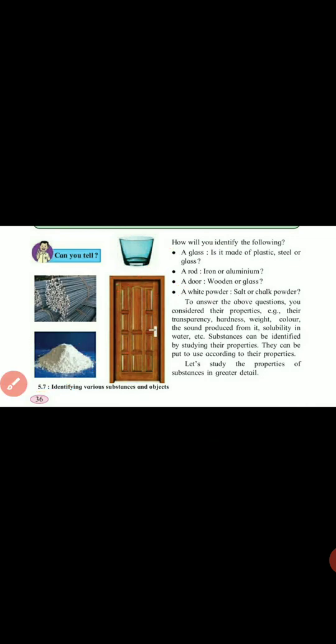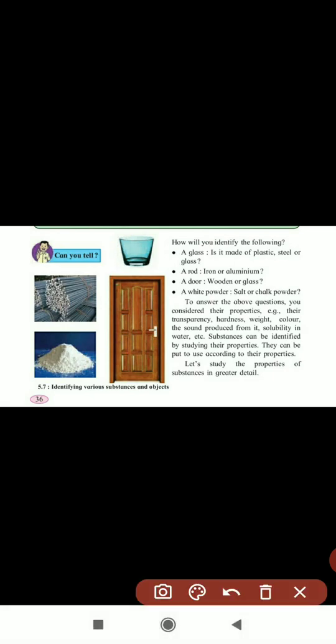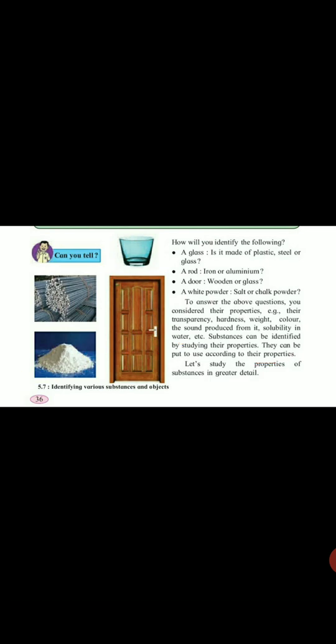Yes children. Next, if you are considering the properties, there are transparency, hardness, weight, color, sound produced, and solubility in water. So, a substance can be identified by studying its properties, and it can be put to use according to its property.